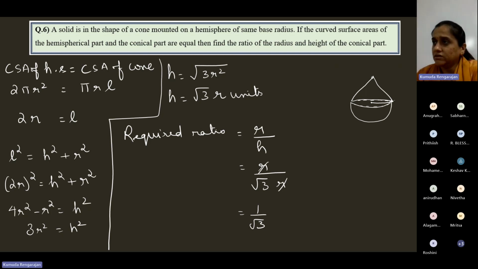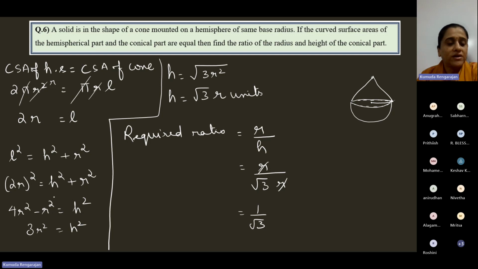Okay, so working with the condition given in the question, CSA of hemisphere is equal to CSA of cone. Which means CSA of hemisphere, 2 pi r square, is equal to CSA of cone, pi r L. So you can cancel out pi and pi on both the sides and this r and this r here. So one r will remain.